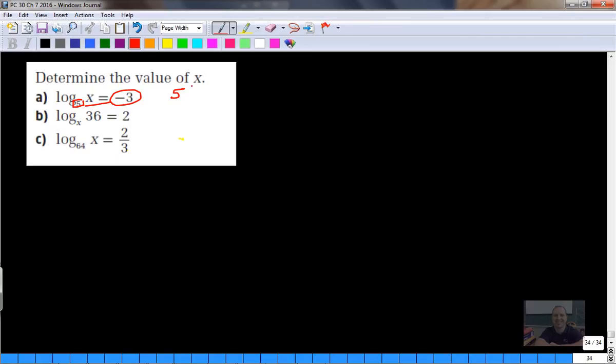So 5 to the negative 3 equals this value. So that's how you set up your exponential equation. And again, this is going to help you figure out these logs. And so 5 to the negative 3, of course, is 1 over 5 cubed.